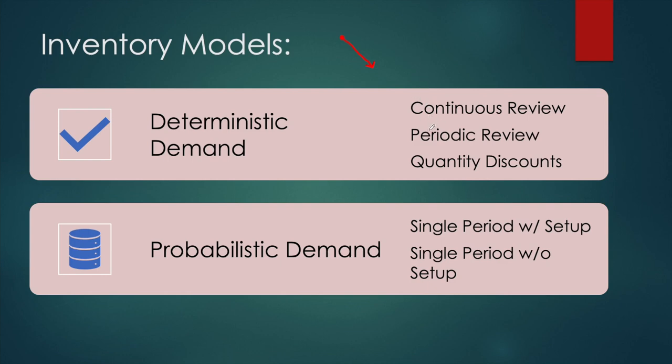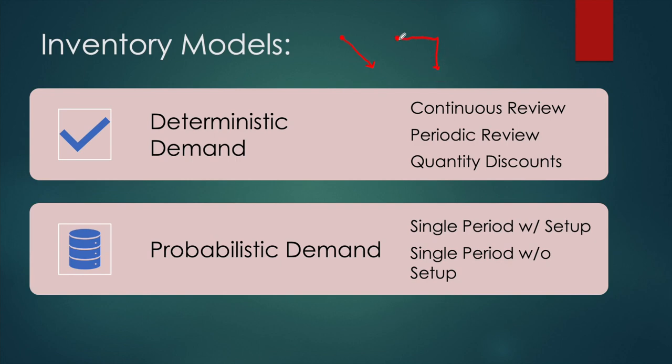However, if your inventory model uses periodic review, then if you are currently at this inventory level, it is very possible that your inventory level looks like this and then suddenly it goes down.